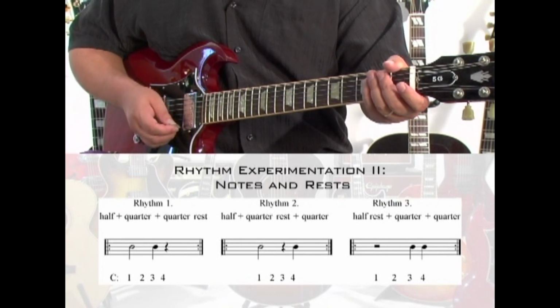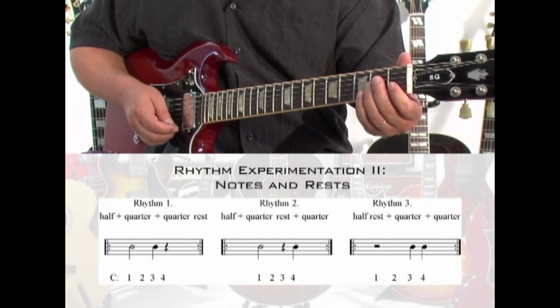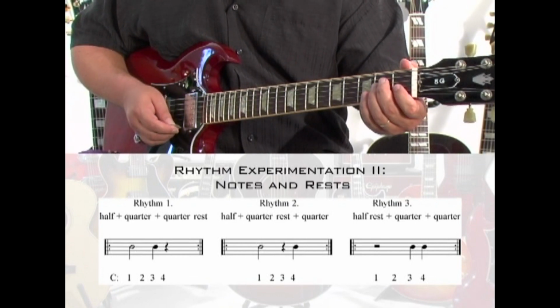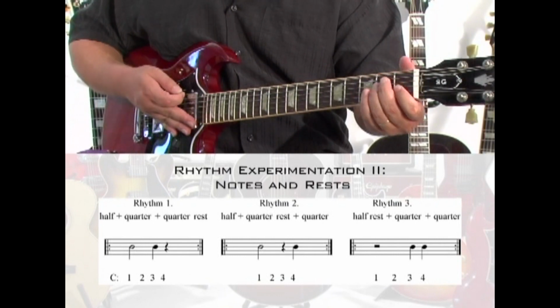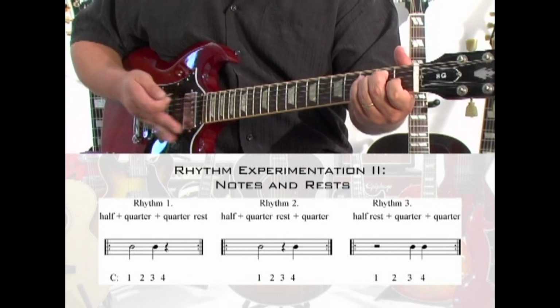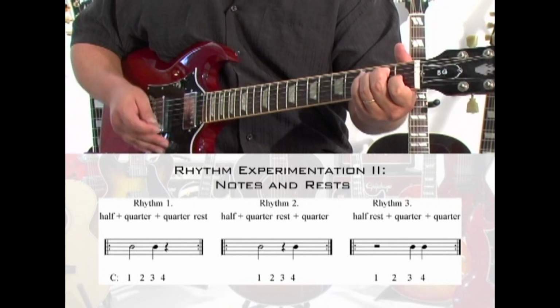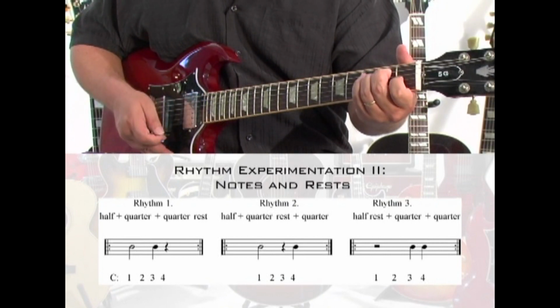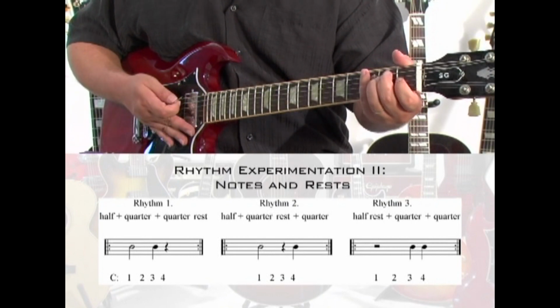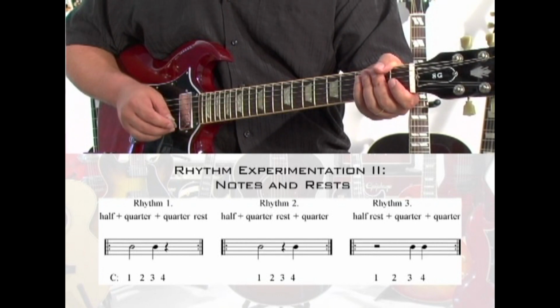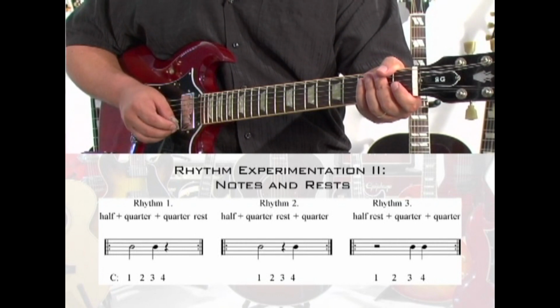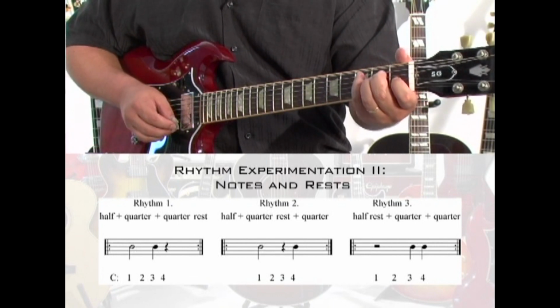Rhythm 2 rests on the third count. Here it is applied to an E chord. Rhythm 3 rests for counts 1 and 2. Here's an E chord with rhythm 3.